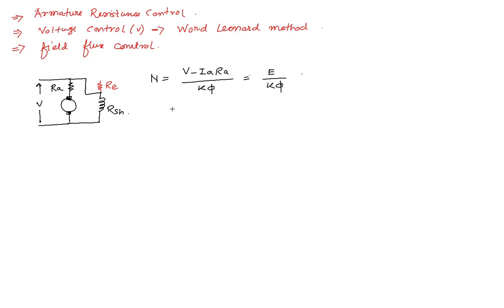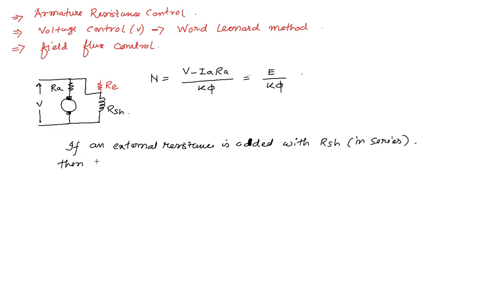Okay, now if an external resistance is added with field winding RSH in series, then the current for field winding is what?